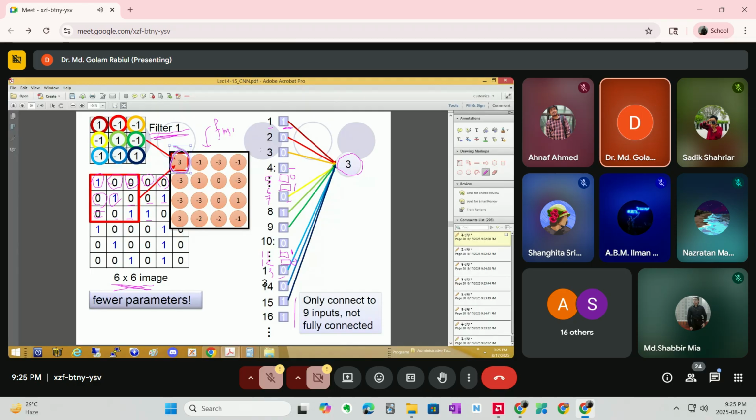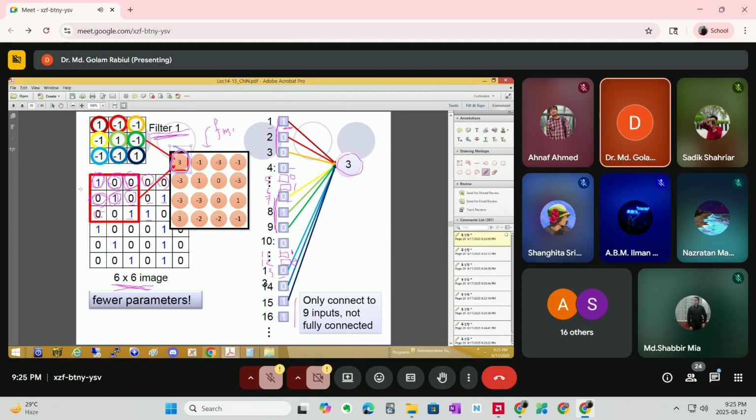We consider 1, 2, and 3, these 3 values. And then 7, 8, and 9. These values we have utilized.